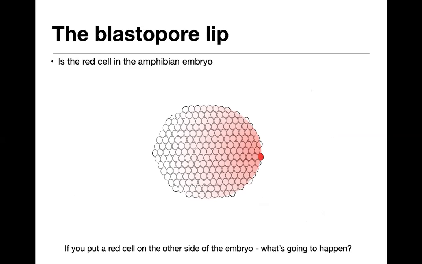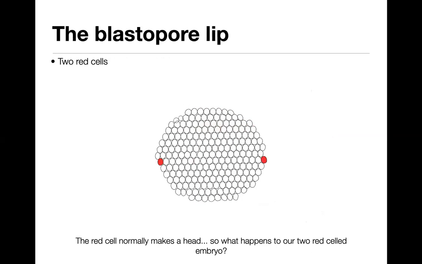She wanted to put another red cell here to ask whether you would now get 2 signals that make 2 dorsals. And as you can probably guess, her experiment was very successful.